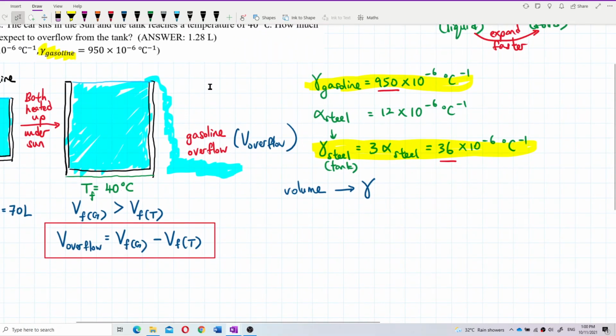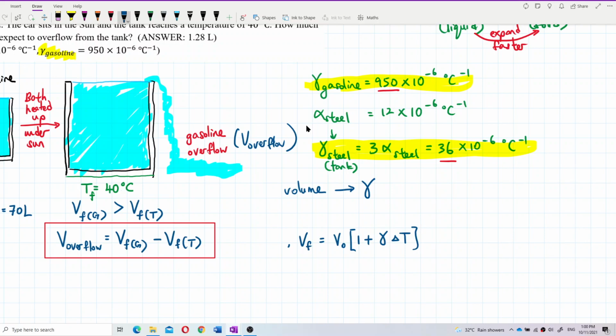The general formula for final volume is the initial volume times 1 plus gamma delta T, where delta T is the change of temperature.